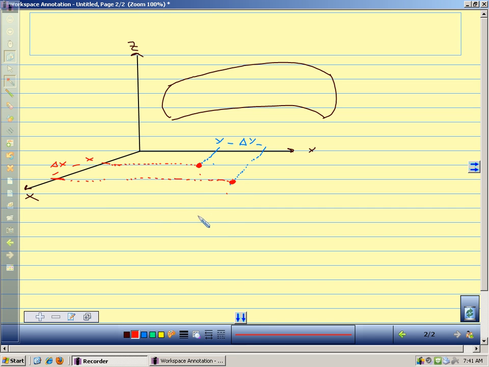So let's project those up onto our surface. So we're going to go straight up here, and we'll go up here. And on our surface, we're going to move from this point at x, y to this point at x plus delta x and y plus delta y. And we'll project those over onto our z-axis. And this little distance between these two is delta z.